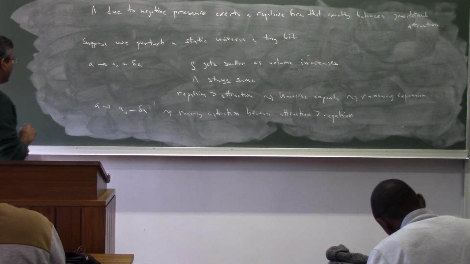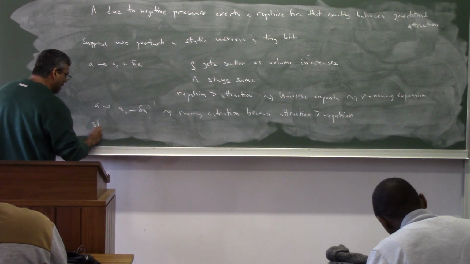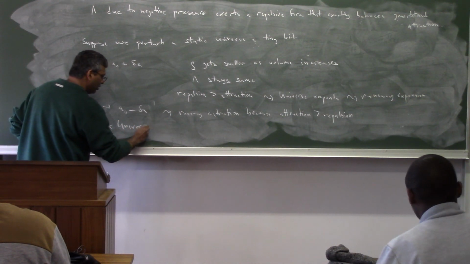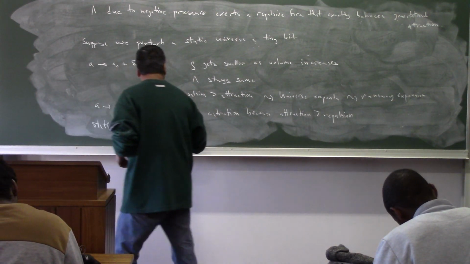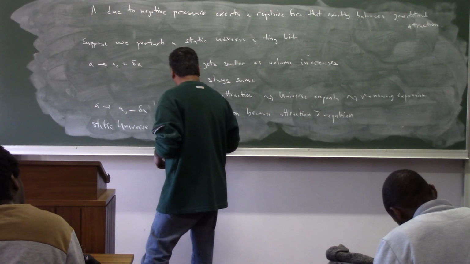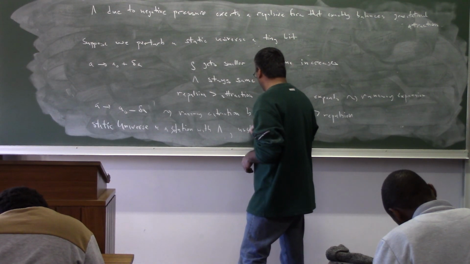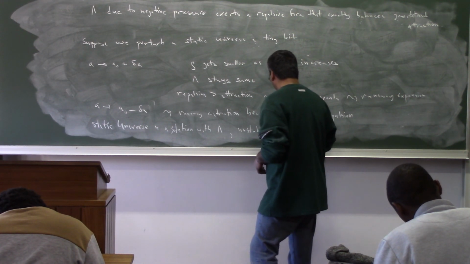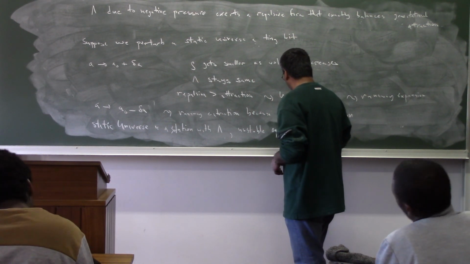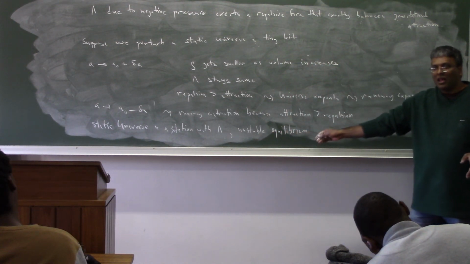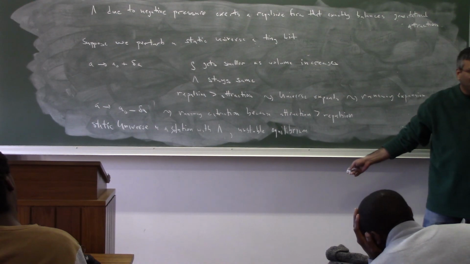So the static universe is a solution with lambda, but it's an unstable equilibrium. Any tiny perturbation away from equilibrium either creates runaway expansion or runaway contraction.